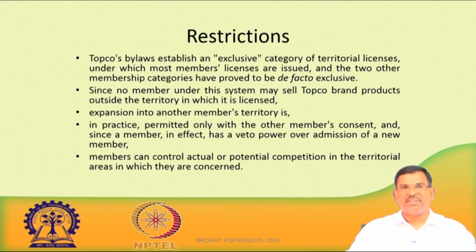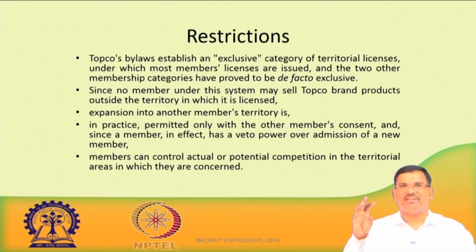As I told you, two other membership categories are also there, exclusive membership categories. One person cannot sell any product outside this particular territorial market, and expansion of one member into another member's territory is absolutely prohibited.